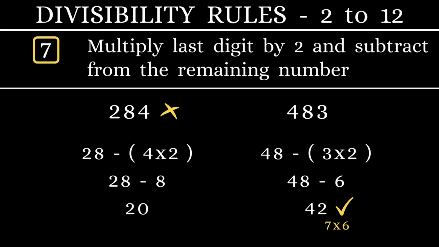That means the number 483 is divisible by 7.